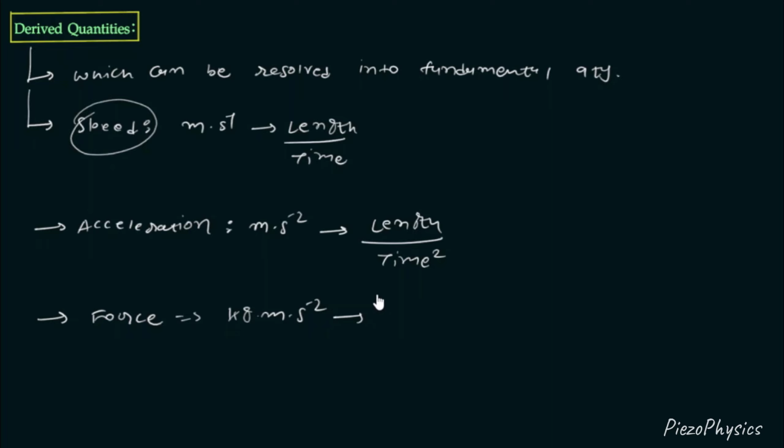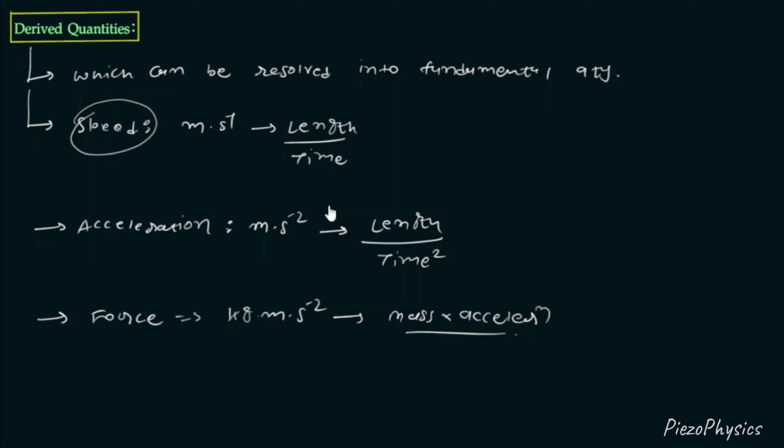Which is made up of mass into acceleration, right? So force is also a derived quantity which is made up of mass and acceleration, while acceleration is again a derived quantity which is made up of length and time square. So this is all about fundamental and derived quantities.